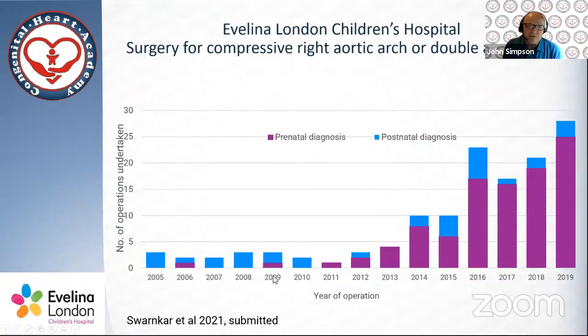And you can see in terms of the actual surgeries for compressive right aortic arch or double aortic arch, that this has increased really in line with the recognition of this pattern prenatally. And this pattern is seen both at our own center, and similar patterns are being seen at Great Ormond Street, where they have one of the national tracheal services in the UK.